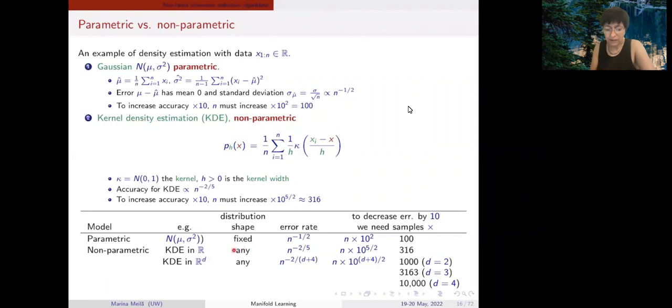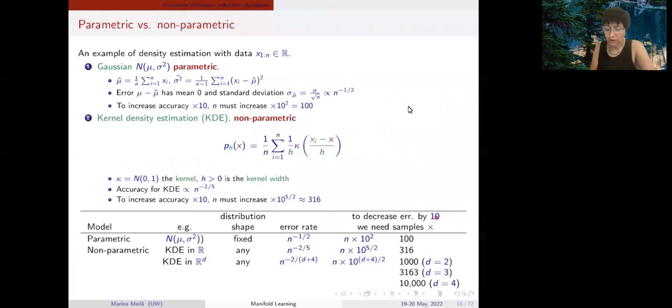Well, except for other assumptions. These estimators that are called non-parametric, which allow you to estimate any shape or which are much more flexible, do not achieve this rate. Estimators that are non-parametric achieve rates that are slower. So this is n to the minus 2 over 5, a smaller exponent of 1 over n.